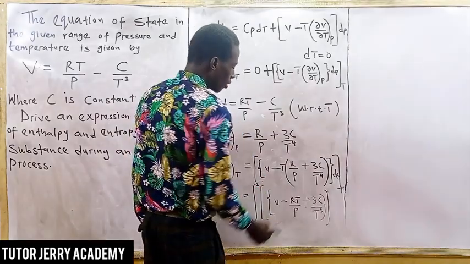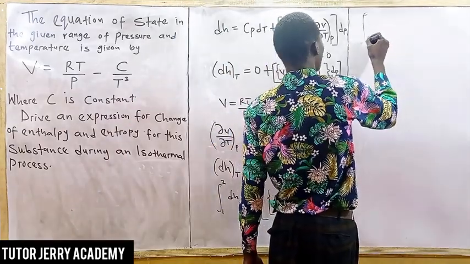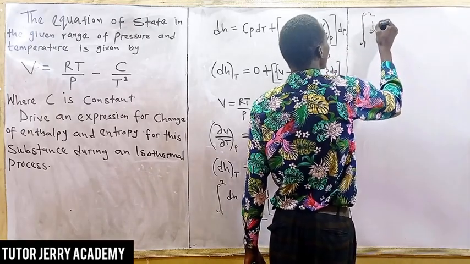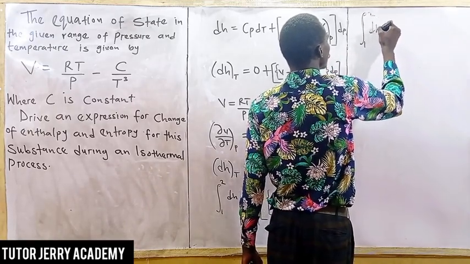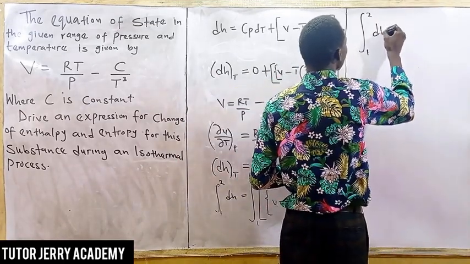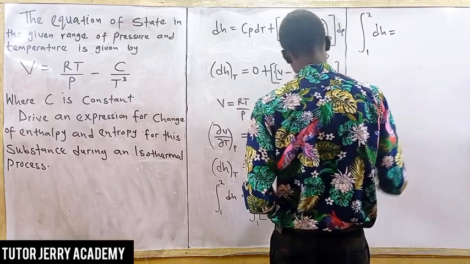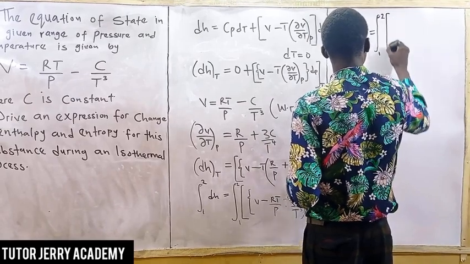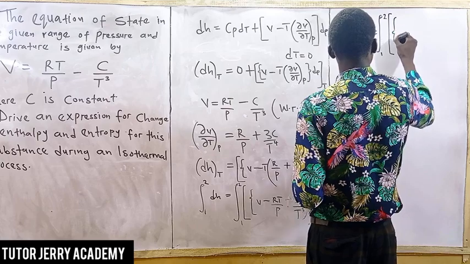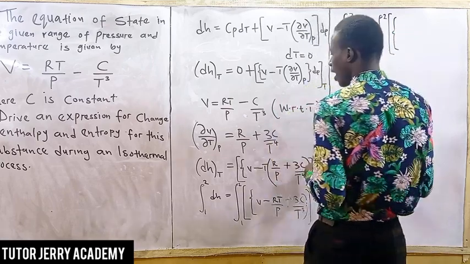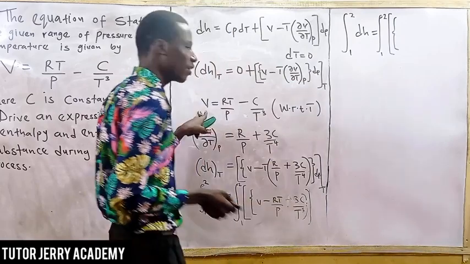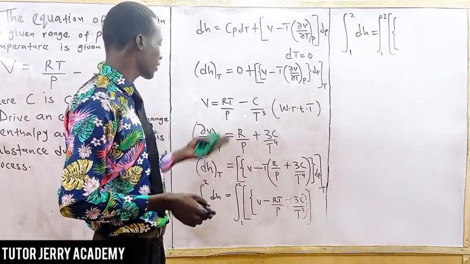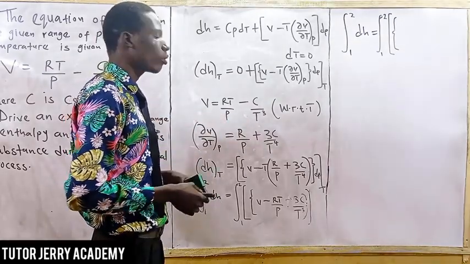So the integral from 1 to 2 of dH equals the integral from 1 to 2 of the bracket of V minus RT over P minus 3C over T cubed. Now we know that V, given from the question as our equation of state, is equal to RT over P minus C over T cubed.